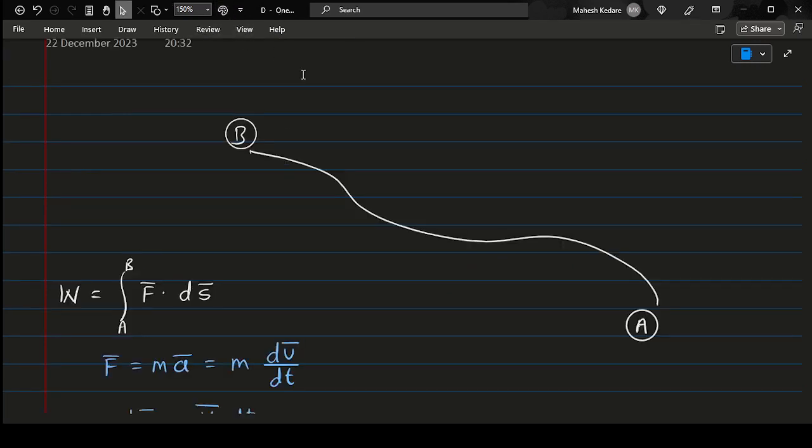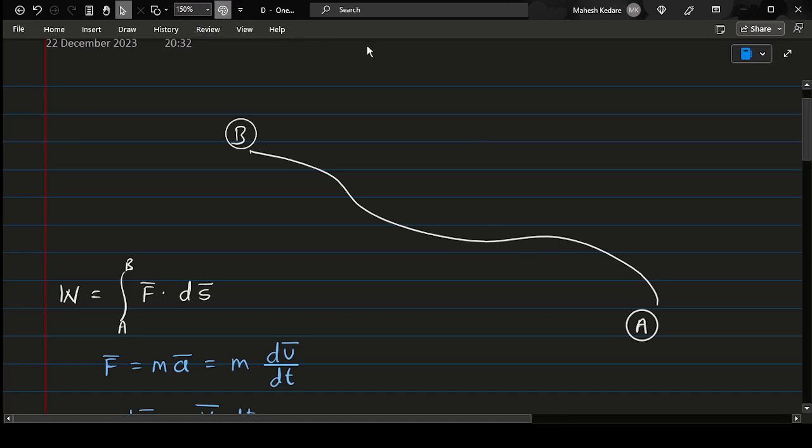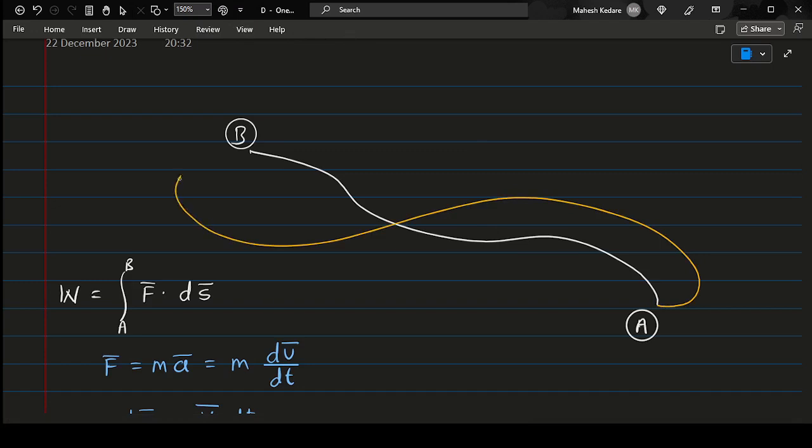So we have found that the work done on a particle as it moves from the position A to position B is equal to the change in kinetic energy. Will the change in kinetic energy remain the same if the particle follows some other path? For example, if the particle moves from the position A to position B along this path, then what about the change in its kinetic energy?